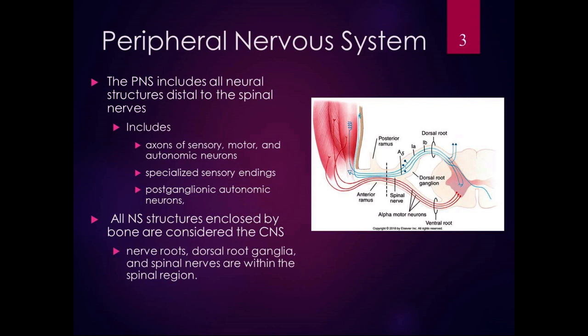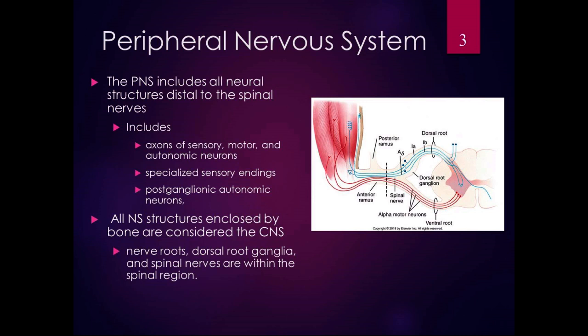In this figure from the book, there's a dotted line right in the middle, and everything to the left of the dotted line is peripheral nervous system. Everything to the right is central nervous system. Just to give you a visual. The neural structures in the periphery include muscle spindle receptors, Golgi tendon organs, motor endings in muscle, and axons.